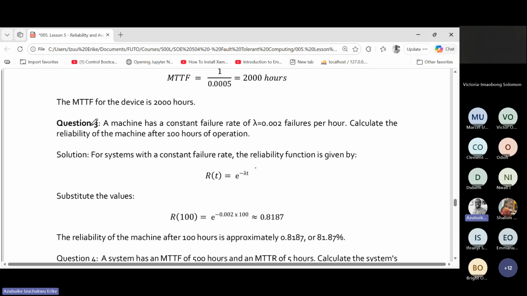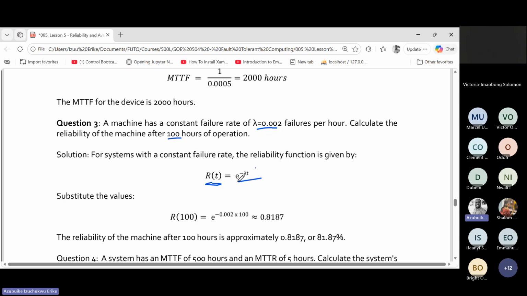Okay, so we are now in question 3. It says that a machine has a constant failure rate of lambda equals this, failures per hour. Calculate the reliability of that machine after 100 hours of operation. Now, what do we have? For systems with constant failure rates, we see the reliability function given as a decay function here.